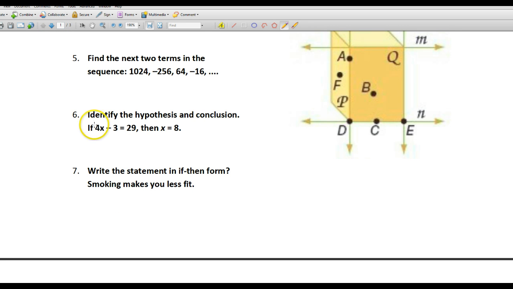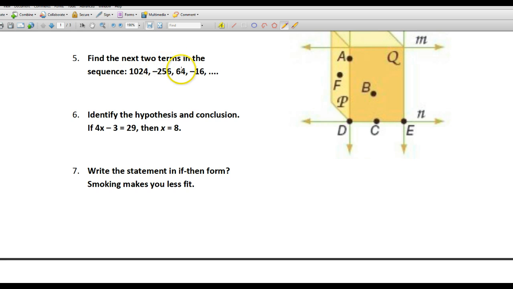For number 5, find the next two terms in the sequence. So we have 1024, negative 256, 64, negative 16. So first of all, we notice that our items are alternating their signs. So we have positive, negative, positive, negative. So our next two items would be positive, then negative. Also, if we take this first term and divide by 4, we get the next.